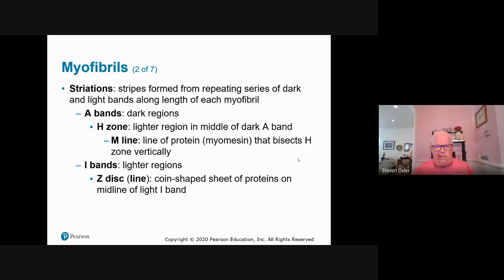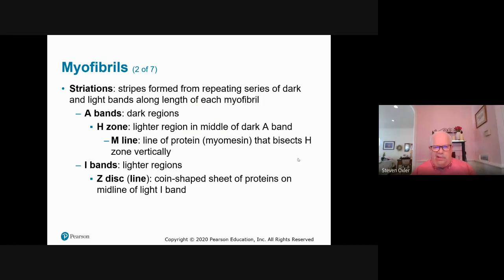The dark regions are known as A bands. How do you remember that? Dark has an A in it, A bands. Inside the A band is an H zone. It's a lighter region in the middle of the A band.